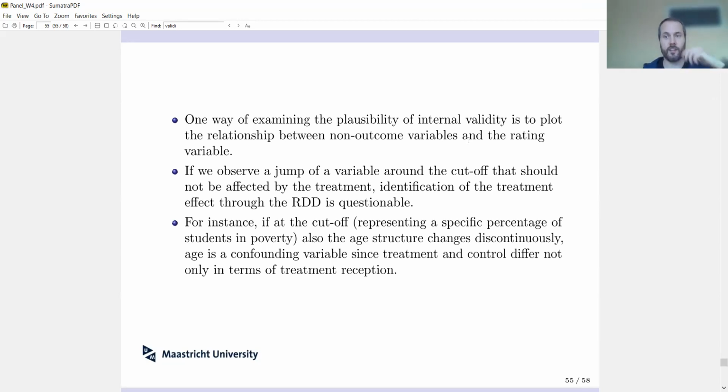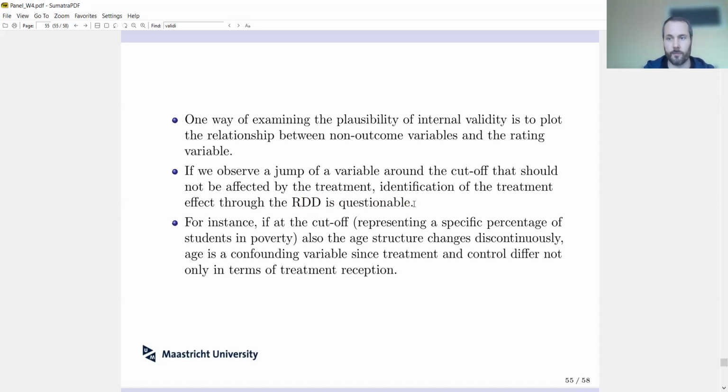We cannot differentiate between the effect of the jump in treatment and the jump in this other variable on the outcome variable. So therefore, we don't have causality anymore. If we have a non-outcome variable, something that should in principle be completely unaffected by the treatment, and we nevertheless see a jump of that variable around the cutoff, then that should ring all the alarm bells. Then the RDD is questionable for sure.